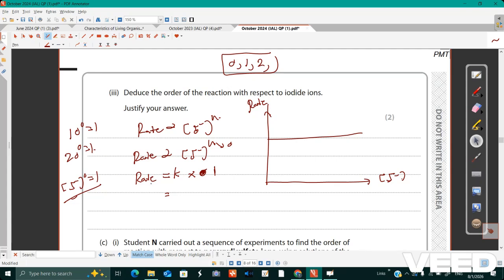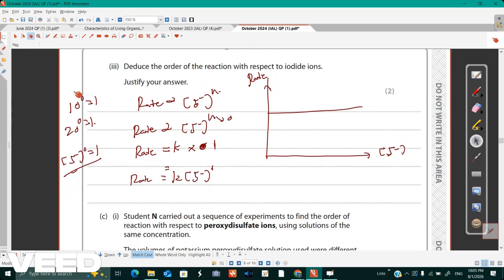If it is first order, rate is equal to k [I minus] concentration to the power of 1. If we convert this into a graph, rate means y axis, k is a constant, that is m, and I minus is a variable.